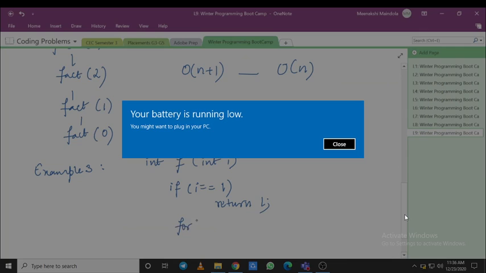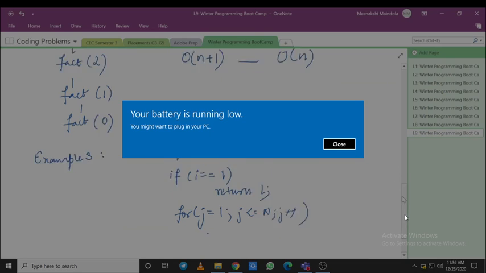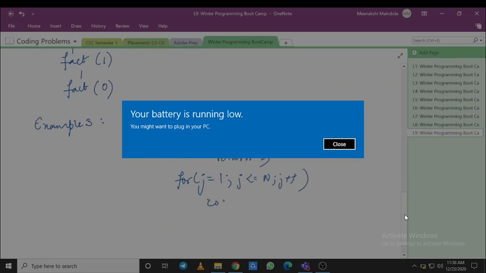Otherwise, you have a loop with a loop variable j, starting from j is equal to 1 and going up till j is equal to n, j plus plus, doing certain operations. Let us say it prints out the value of j, and otherwise it returns j into f of I minus 1.